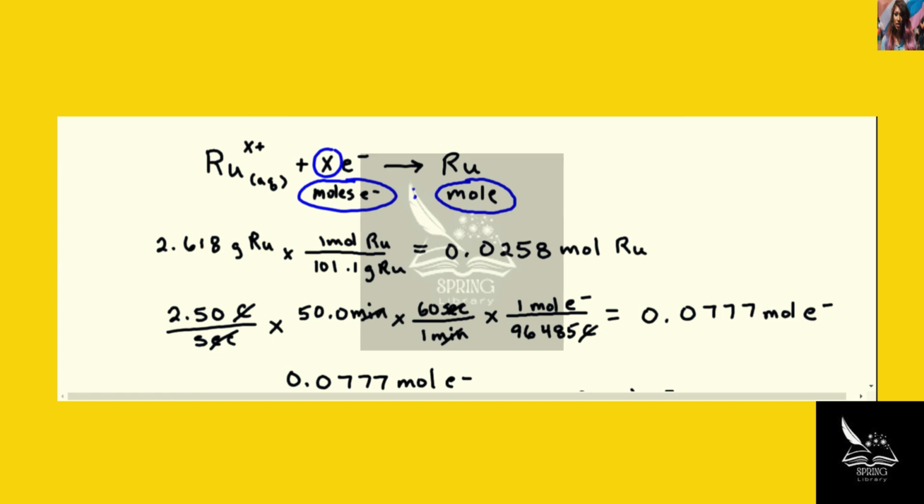So think about what that tells me. That tells me X is 3. Therefore, the charge on the ruthenium must be 3 plus. So the charge is 3 plus would be our answer.